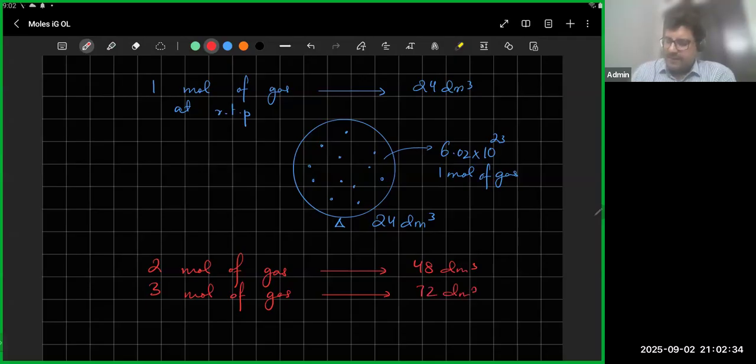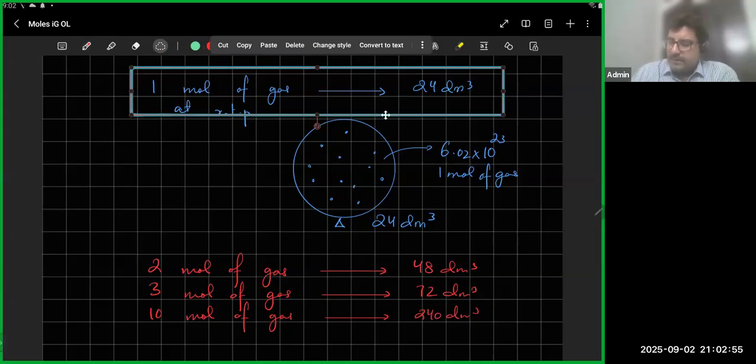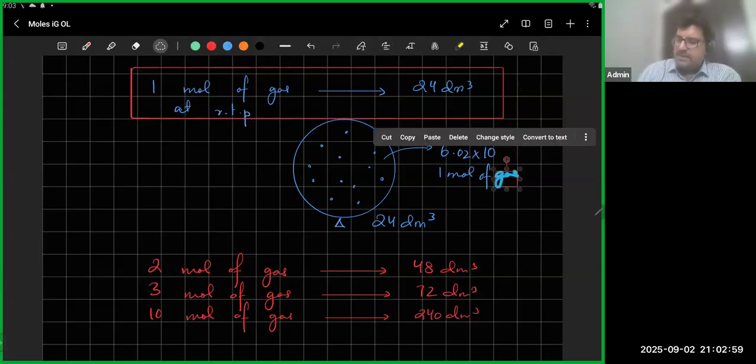And so on. You have 10 moles of gas, then it will occupy 24 times 10, that's 240 dm cube. So it's simple ratios, right? 1 mole of gas will occupy this particular volume at RTP. That's it.